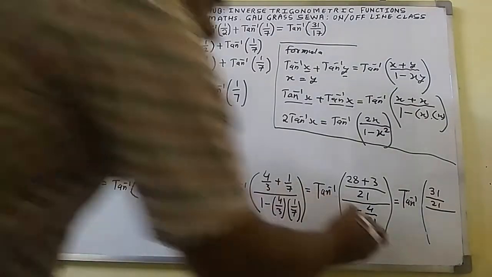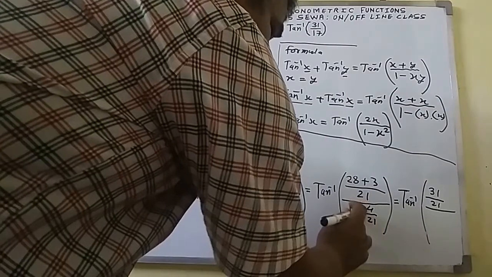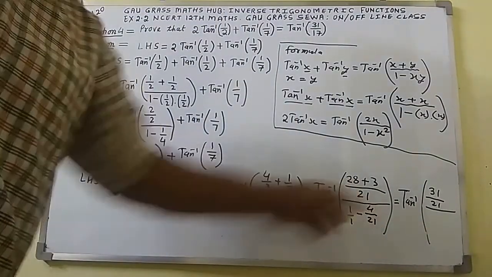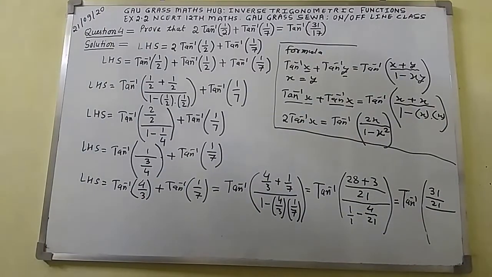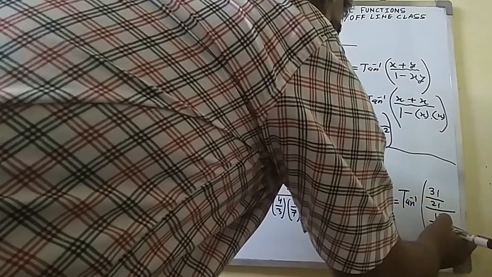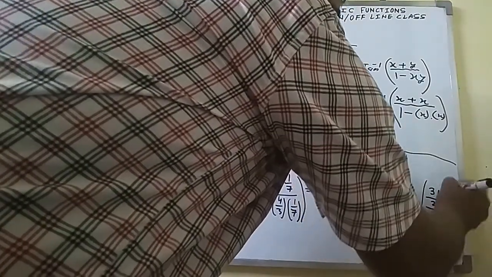So here you can write 1 over 1 like this. Here 21 minus 4 comes out to 17. So 17 over 21 comes out like this.